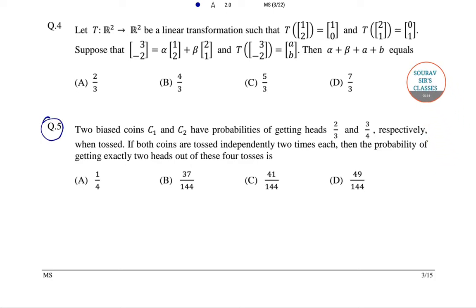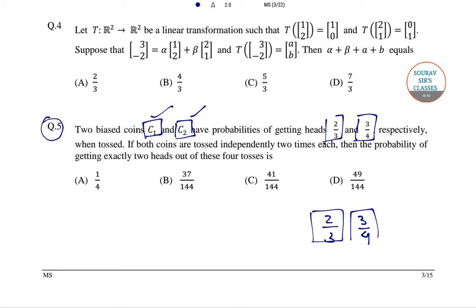In this question, as you can see, it is given that there are two biased coins, C1 and C2, with probabilities of getting heads 2 by 3 and 3 by 4 respectively.